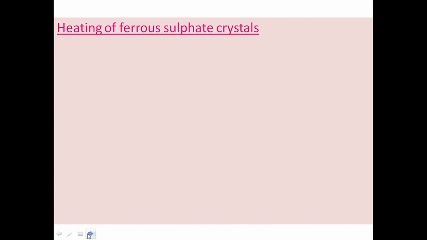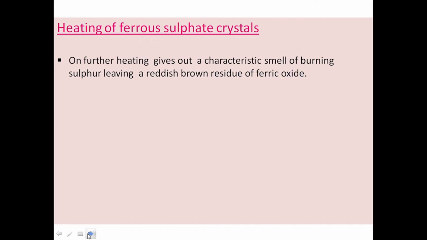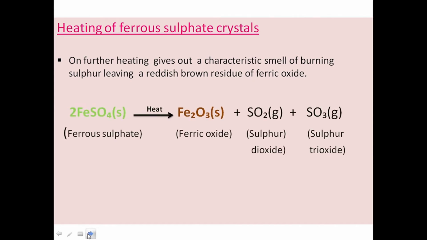So what do we observe on heating ferrous sulfate crystals? A smell which is characteristic of burning sulfur with a reddish brown precipitate of ferric oxide is obtained, the reaction of which can be represented as shown. There is only one reactant and two or more products are formed, in which a precipitate of ferric oxide, Fe2O3, in solid form is formed, and the starting material, that is the ferrous sulfate crystal, is also of solid form.